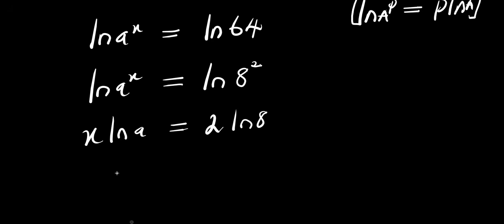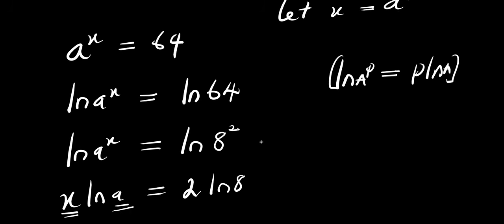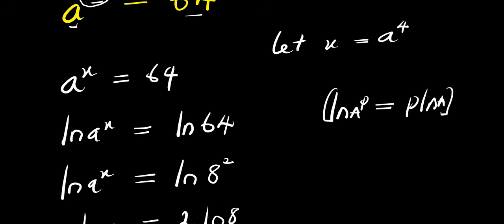Now, if you observe closely, we have x and we have a. So what we are going to do will be to make sure these two variables are the same. So let's get back to this particular connecting equation. Here is the equation, x equals a power 4. We can isolate a from here by multiplying each of the exponents by 1 over 4.